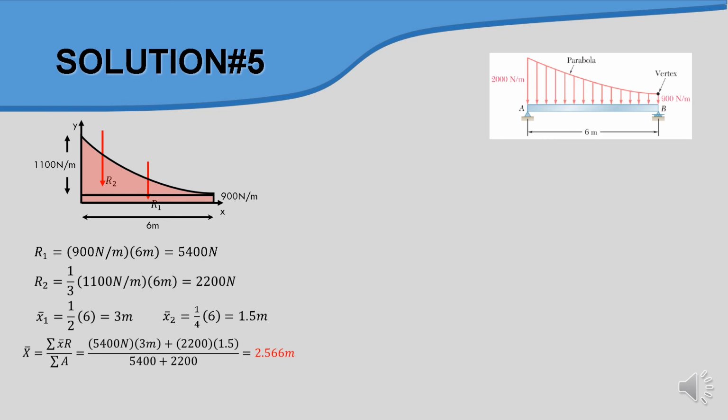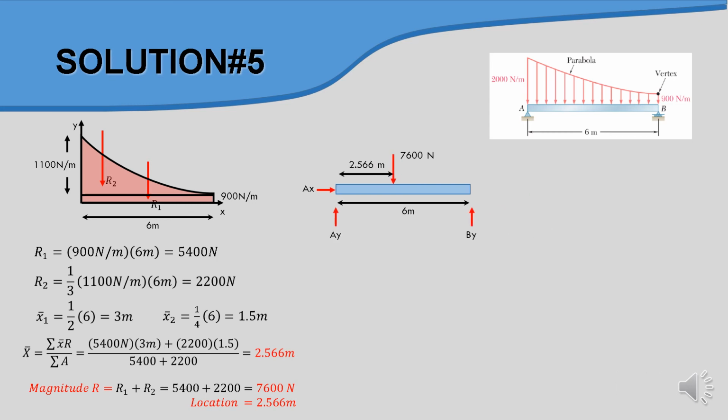For x bar and y bar, it doesn't matter with the y bar, so only x bar, we will get the value of x bar 2 as 2.566. With the location and magnitude, we will redraw, and finally we get the shape is something like this.